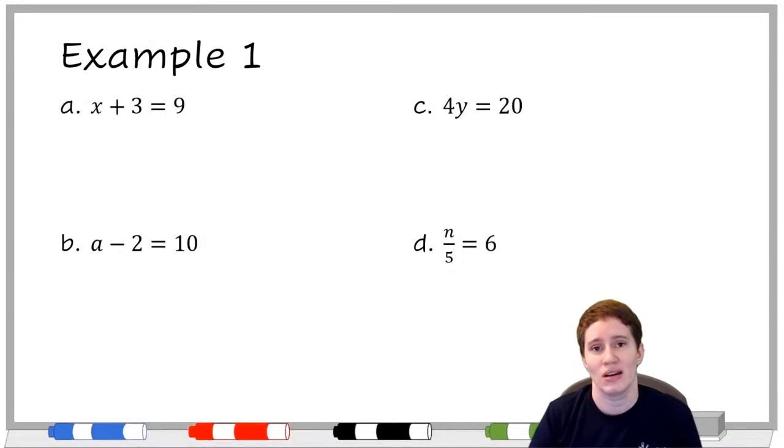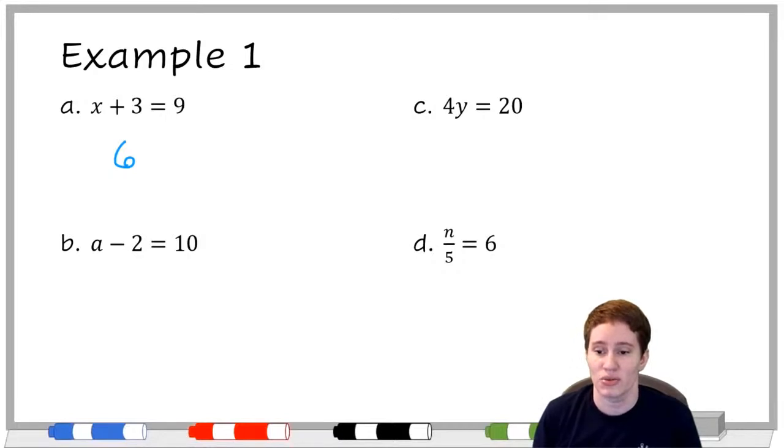In our heads we could think, what's the thing that should be there? Variables are representing a number. We may not know what that number is, but there should be a number where x is that makes this make sense. So what plus 3 equals 9? Hopefully, through thinking about that, you can pretty easily come up with the answer, which is 6.